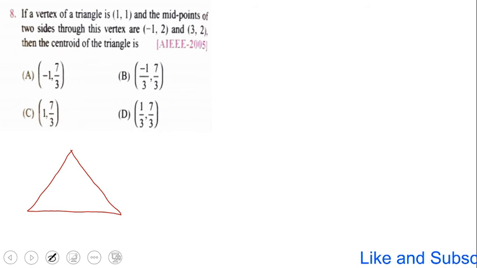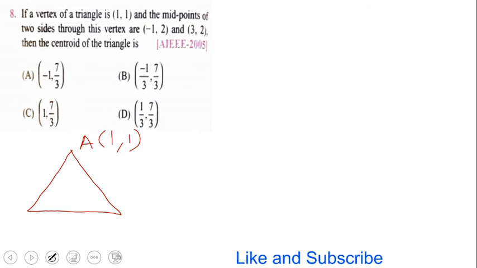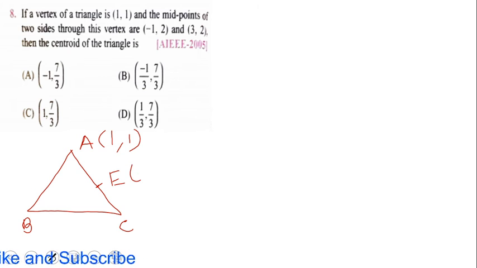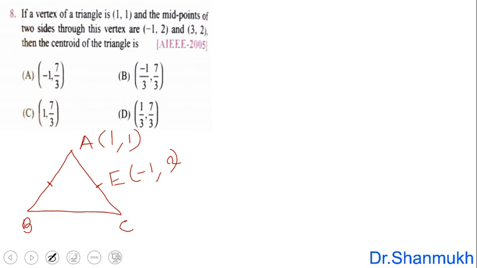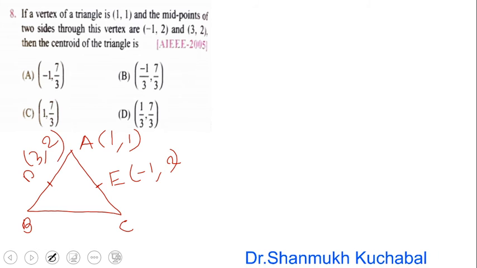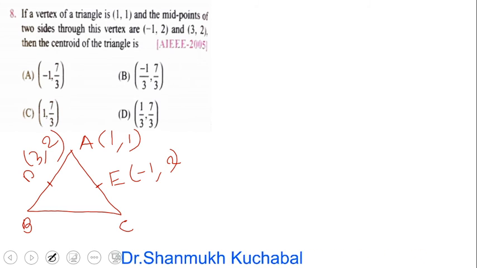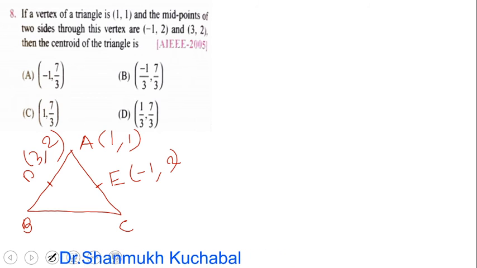This is a triangle, point A (1, 1), and here will be point B, and this is point C. This is point E, which is (minus 1, 2). These are the midpoints, and this is D, which is (3, 2) here. So using the midpoint formula, we have to calculate B. Okay, this will be very simple.